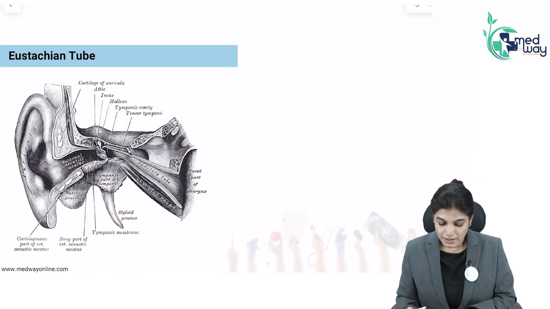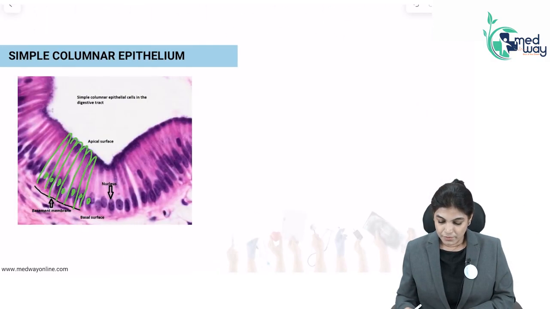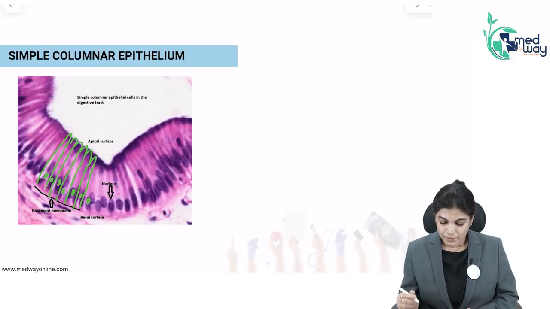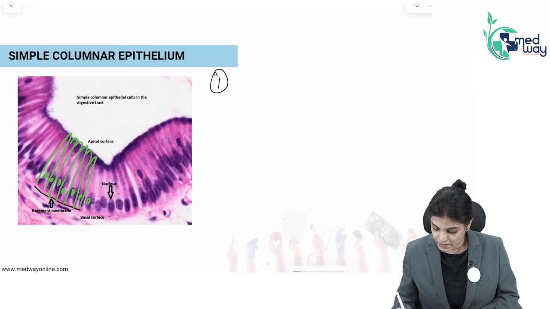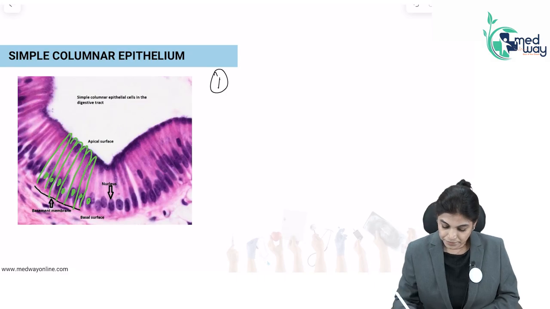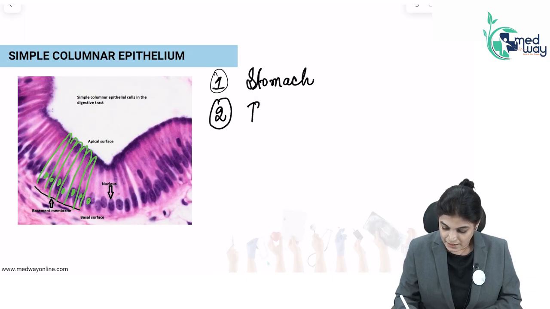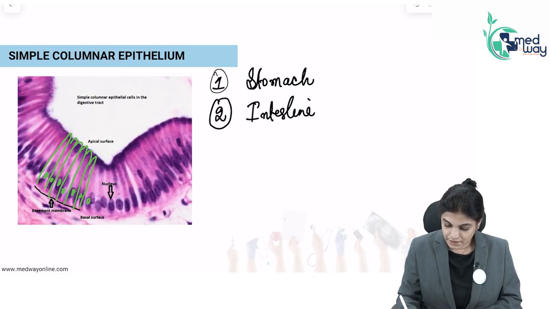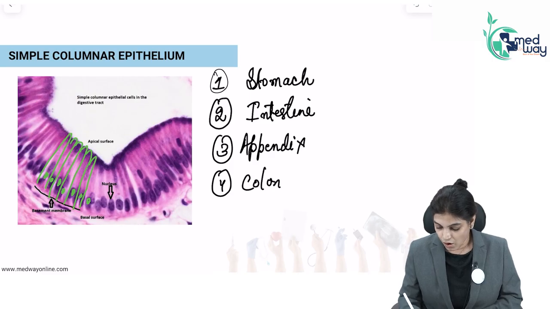What is important for us is to know the examples. So, let's write the examples of this epithelium. Simple columnar epithelium is present in the stomach, intestine, appendix lining, colon, and gallbladder.